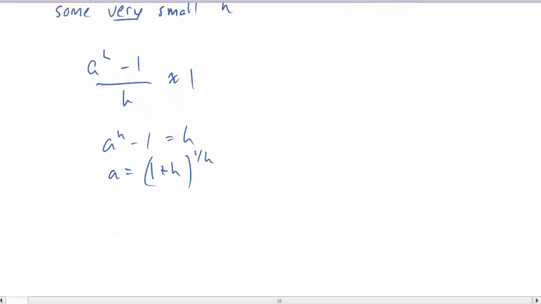And if you've paid attention to where e comes from, this might look a little bit familiar. Let's let h equal 1 over m. So in other words, small h means large m. So the smaller h gets, the larger m gets.